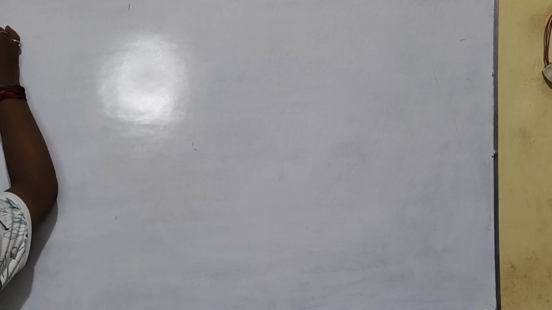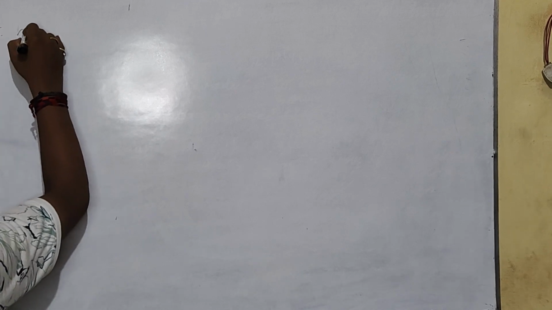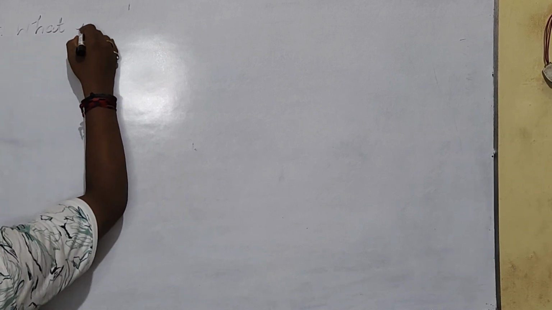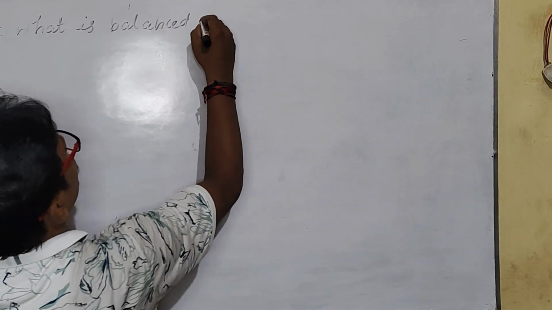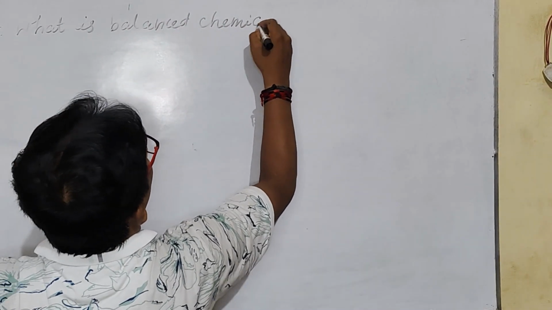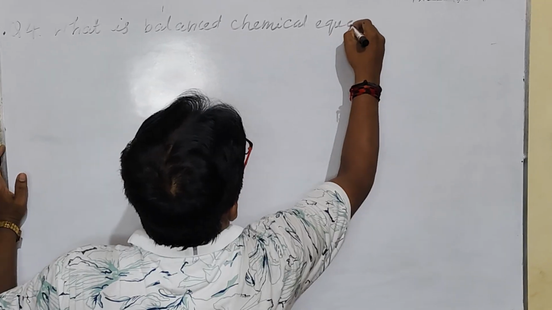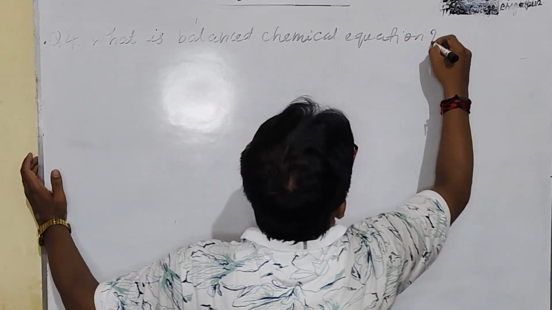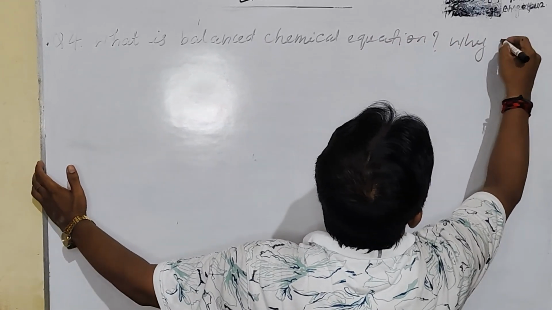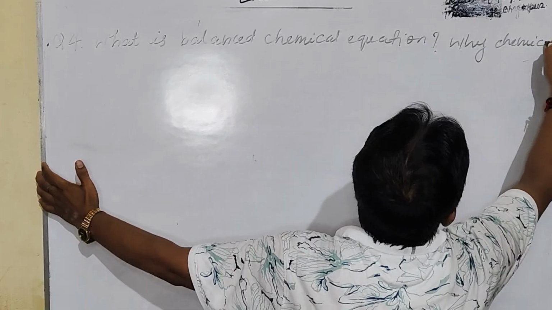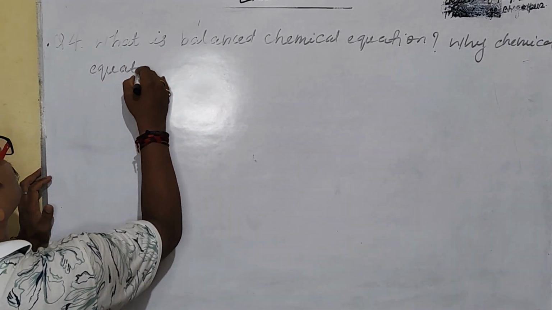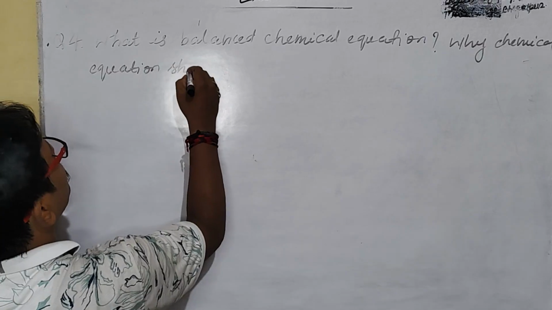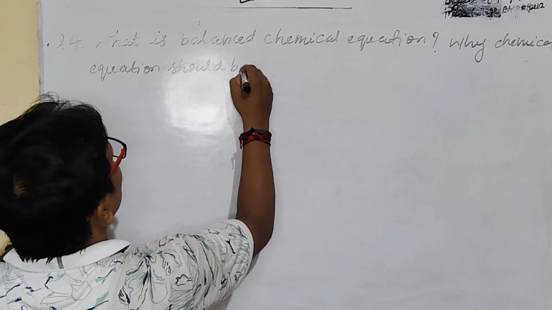Question number 4 is: what is a balanced chemical equation, and why should a chemical equation be balanced?